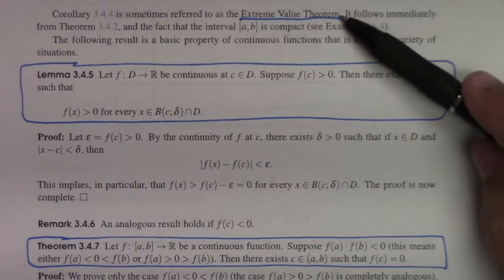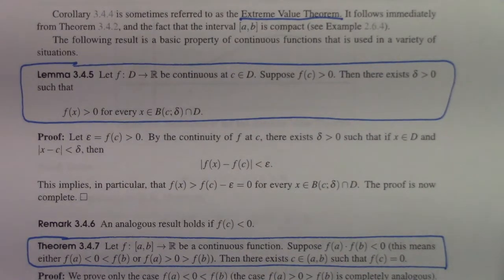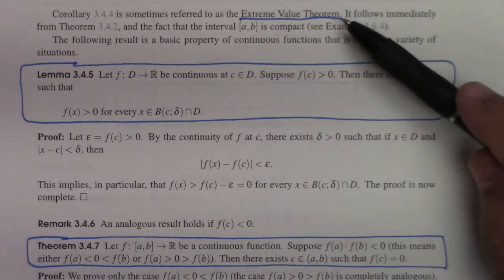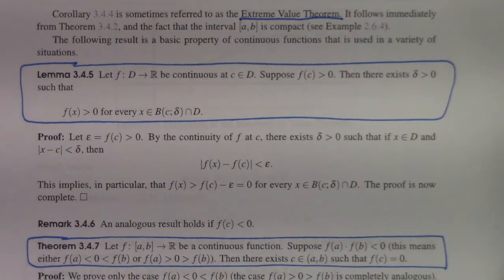The extreme value theorem is a general topological result: a continuous function on a compact domain attains extreme values on that domain. That's true in one dimension, and it's true in higher dimensions as well. Anyway, I will get over it.